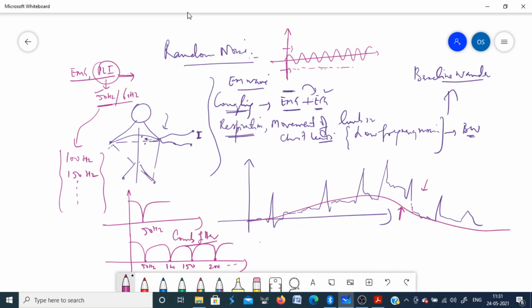So in such scenarios, where the frequency of this noise is changing, you cannot have a fixed filter which will always remove this 50 hertz component. If the frequency of this noise becomes 49 hertz, you have to design a new filter to eliminate this component. So then we have some filters which have self-tracking capability.